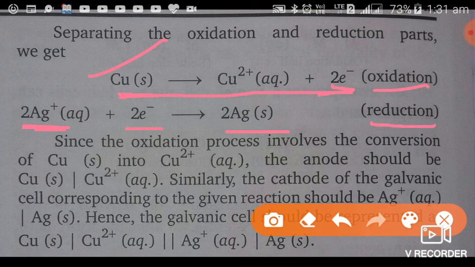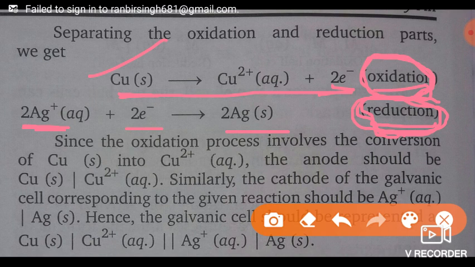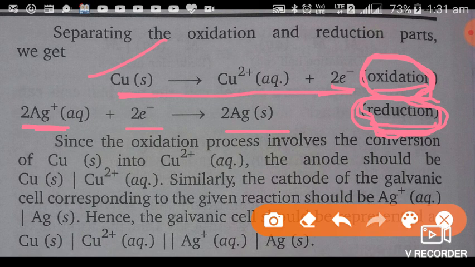This is a process of taking electrons. Therefore, it is a reduction reaction, and this reaction will take place in the reduction half cell, towards the right side, and the electrode there will be the cathode. The oxidation process will take place towards the left side of the cell, and that electrode will be the anode. The anode has negative charge, the cathode has positive charge.